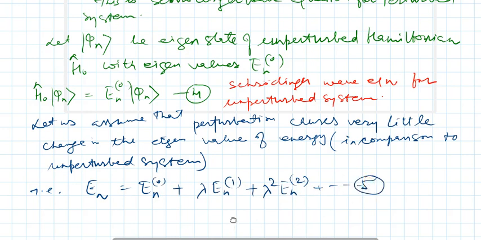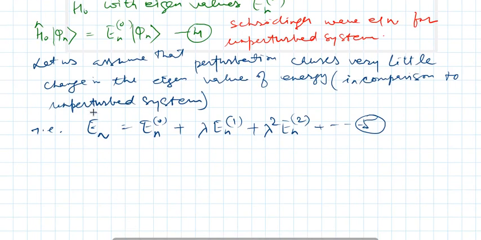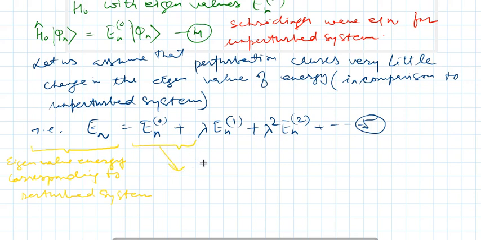Here En is the eigenvalue of energy corresponding to the perturbed system, and En naught is the eigenvalue of energy corresponding to the unperturbed system.